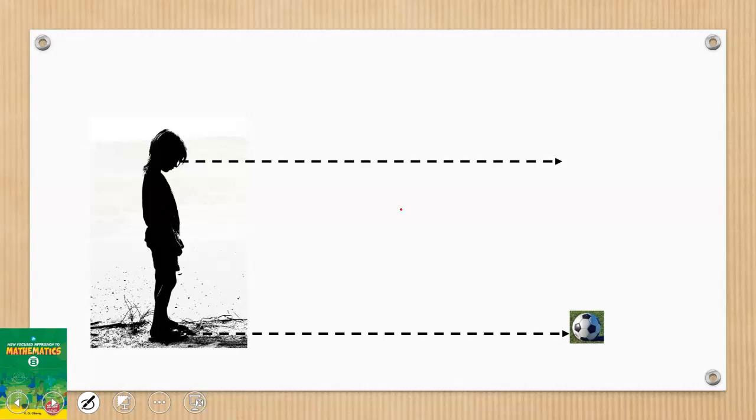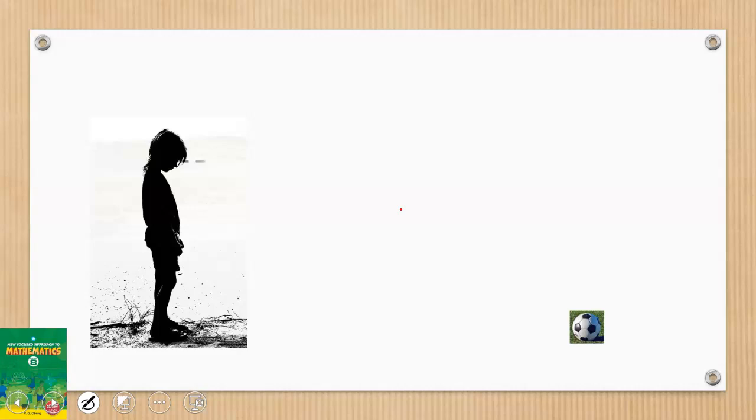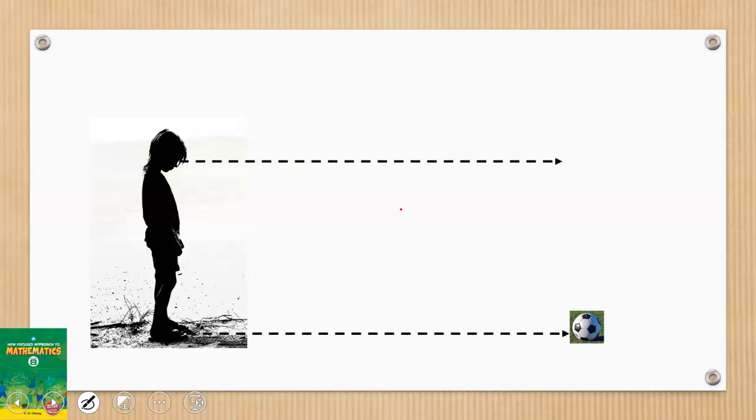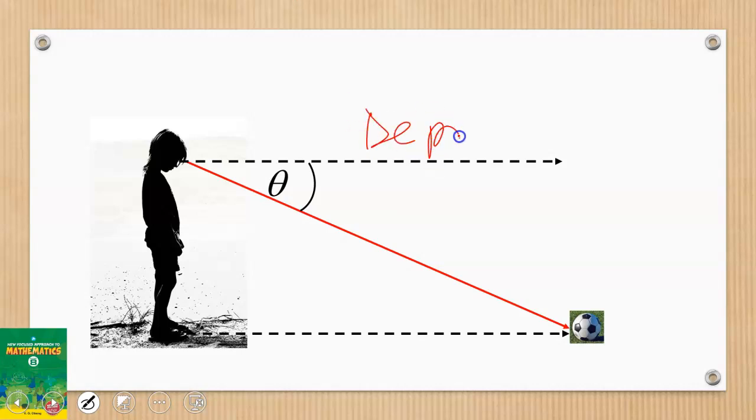Now, because the boy wants to look at the object down there, he has to bring the head down to observe the ball, with an angle between his normal sight and the depressed eye. The angle created here is what we refer to as angle of depression.